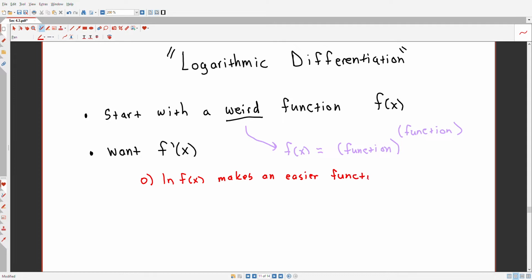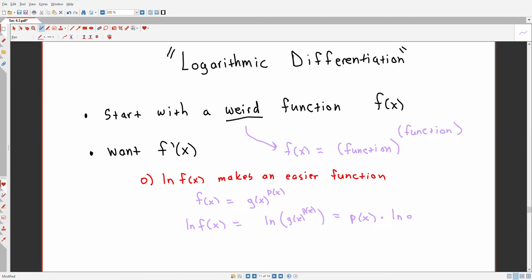Right, so if f of x is like a function g of x to a p of x function, then I can use my power rule for logarithms. When I take the natural logarithm of this weird power, I can bring the power down out front.